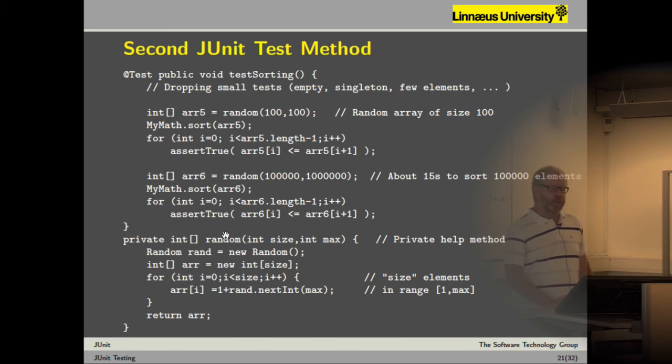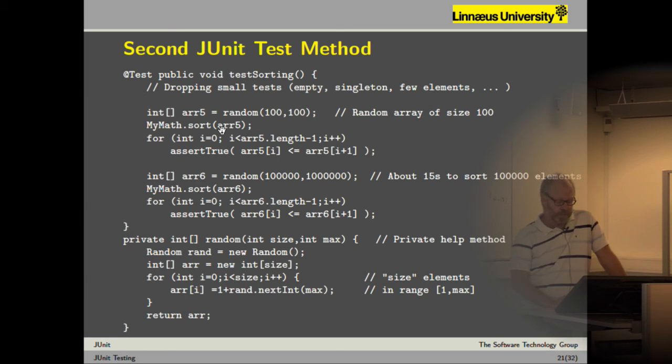This one is suitable for testing my sorting routine. So up here, I'm generating an array of size 100 containing elements between 1 and 100. So a random array of size 100.